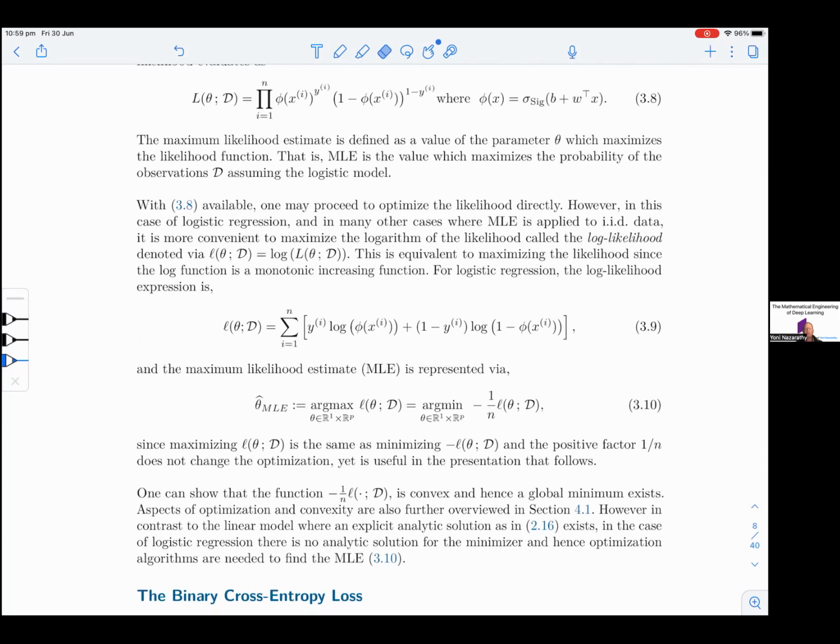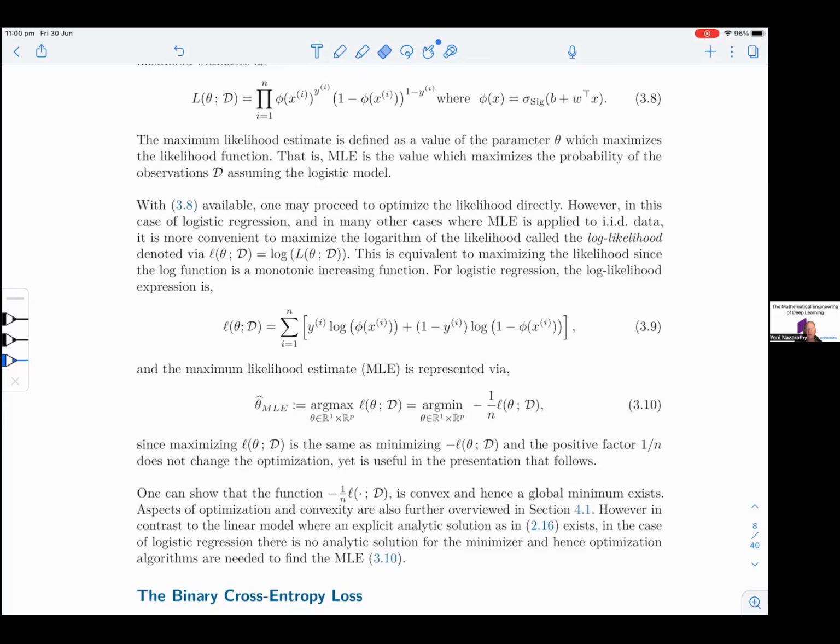However, in the case of logistic regression, and in many other cases where MLE is applied to IID data, it is more convenient to maximize the logarithm of the likelihood, called the log likelihood, denoted via little l of theta, D, which is just the log of the likelihood. This is equivalent to maximizing the likelihood, since the log function is a monotonic increasing function.